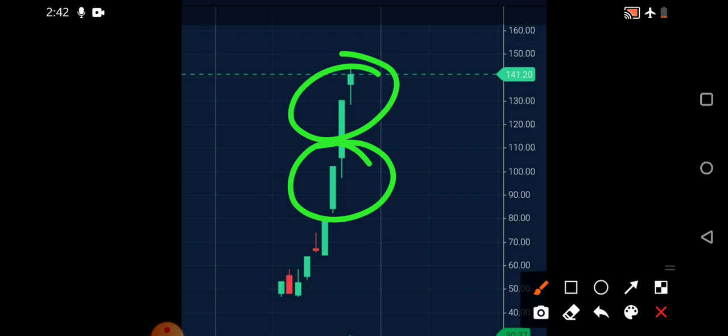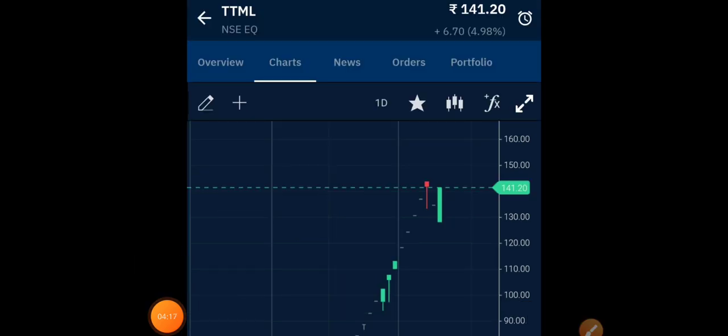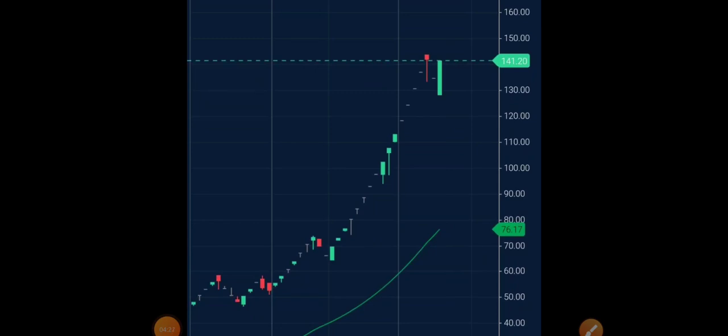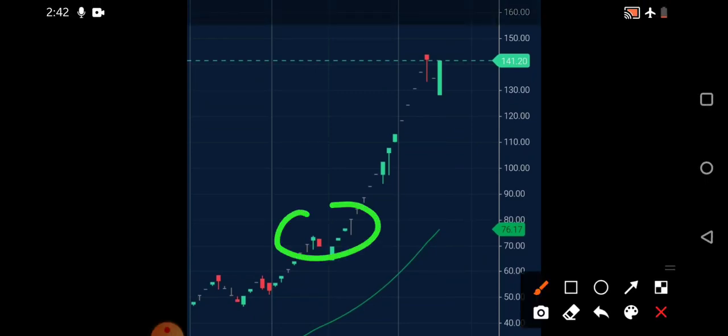Let's even go to the daily chart. On the daily chart, you can see a continuous uptrend in the stock. In between it used to give a small retracement, but that retracement was always temporary, because when the market starts retracing, all these stocks also start going in the upside direction. When you clearly observe the chart, we can see the same type of pattern was generated earlier also. It opened again from low levels, we saw a little bit of buying, but the candle was red in color.